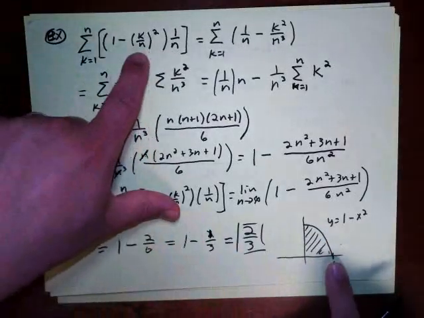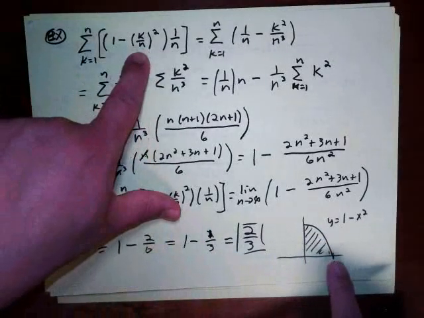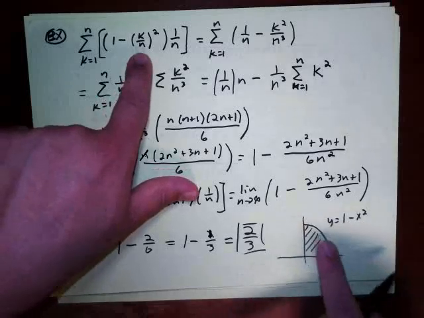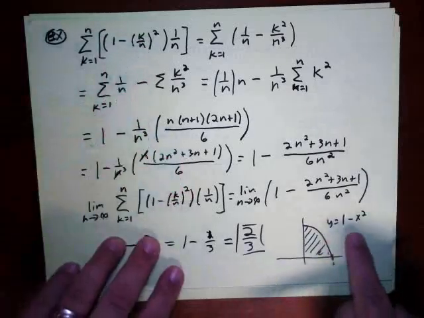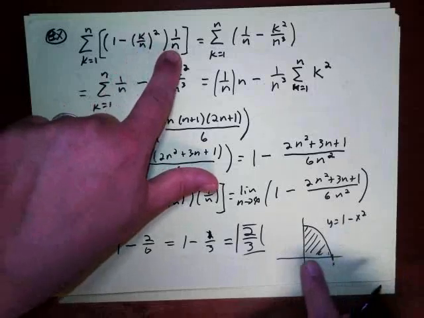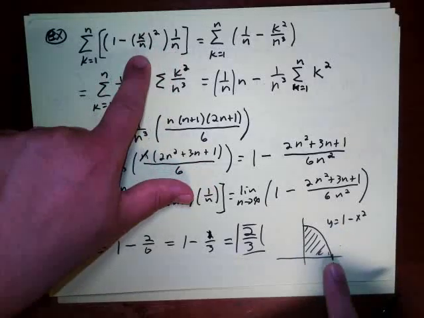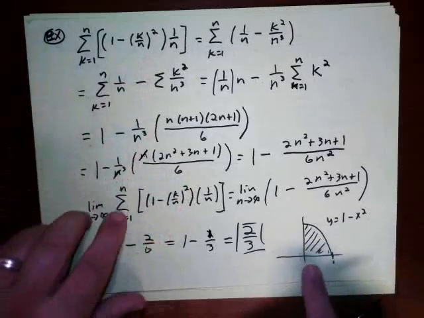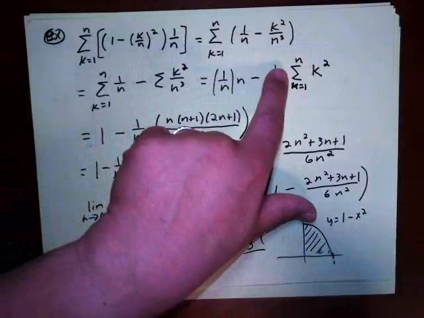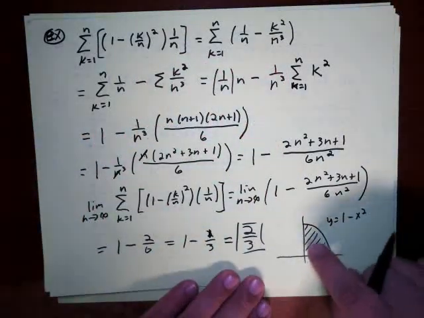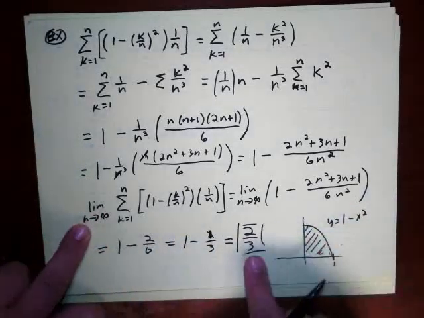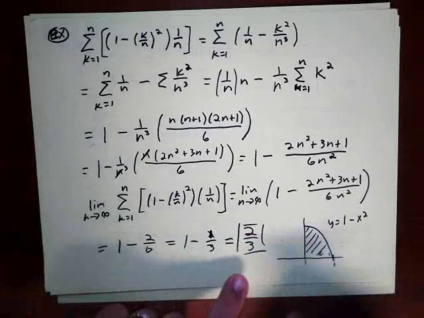And then this is plugging in the right endpoint of each of the rectangles and getting these values. It's plugging it into 1 minus x squared. See the 1 minus whatever squared? You're plugging the endpoint in for each one of those into the function. And so this would give you the Riemann sum, or the finite sum, that would give you the area under here. And then by letting the limit as n goes to infinity, this would be the exact area of that.